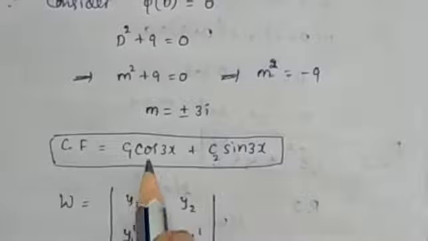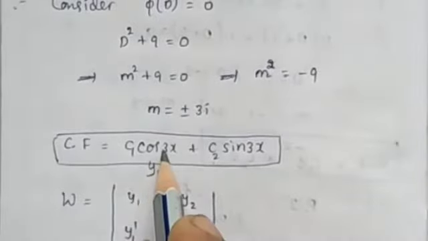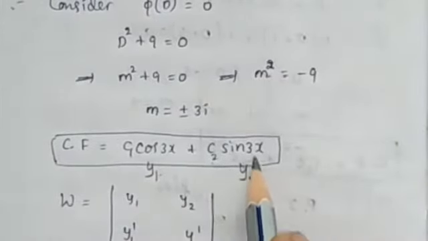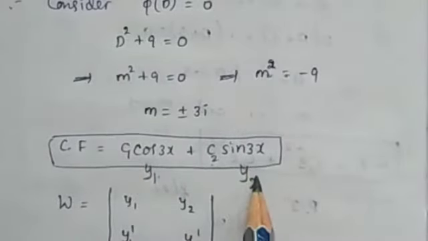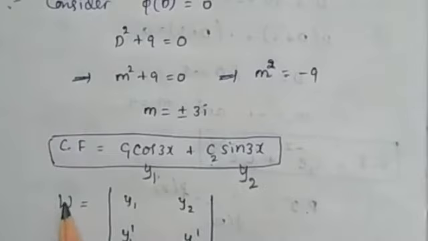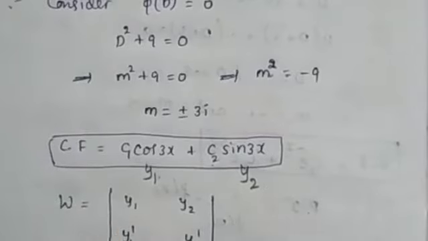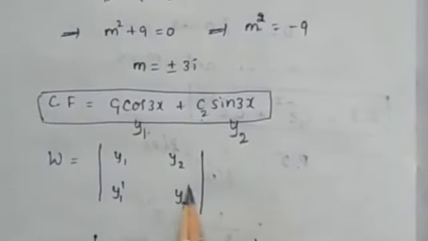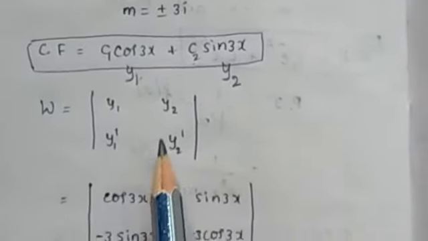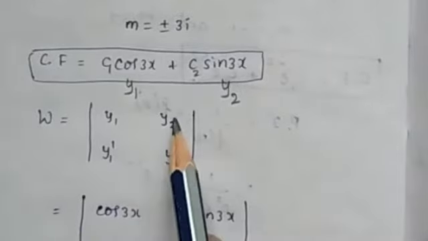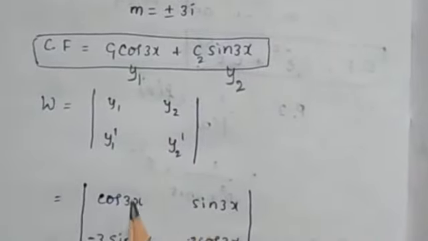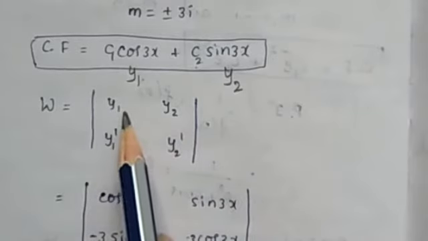So y1 is cos 3x, y2 is sin 3x. The complementary function is c1 y1 plus c2 y2. So the Wronskian W of y1 and y2 is the determinant of y1, y2, y1 dash, y2 dash, where y1 is cos 3x and y2 is sin 3x. y1 dash is the differentiation of y1.